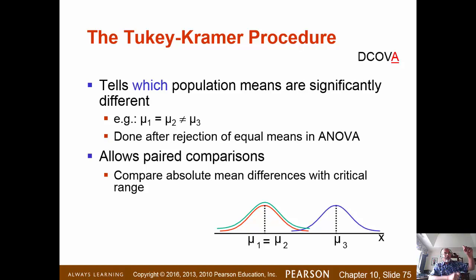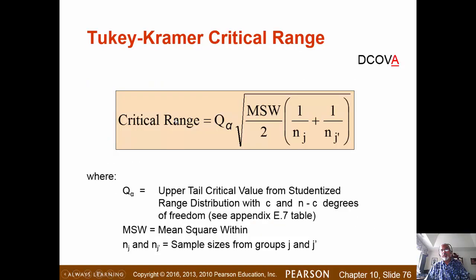Then we can go and see which of those pairs is actually contributing to saying that not all means are equal. So the procedure that we are going to look at is the Tukey-Kramer procedure, and for that we compute what is called a critical range. The critical range is computed with this formula. Now this Q sub alpha is an upper tail critical value, and it comes from a table.